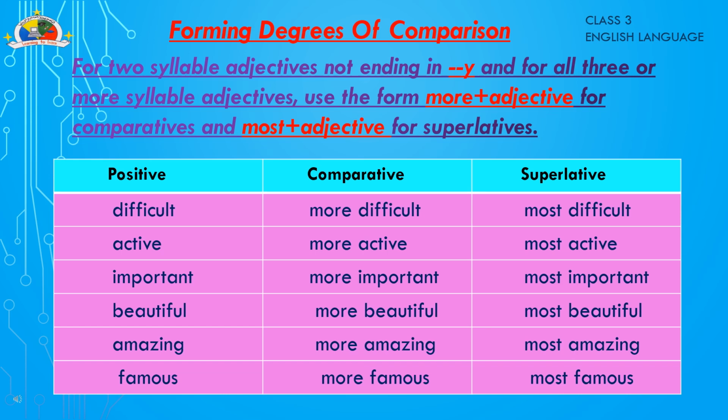So the positive form of difficult is difficult, comparative form more difficult, superlative form most difficult, active, more active, most active, important, more important, most important, beautiful, more beautiful, most beautiful, amazing, more amazing, most amazing, famous, more famous, most famous.